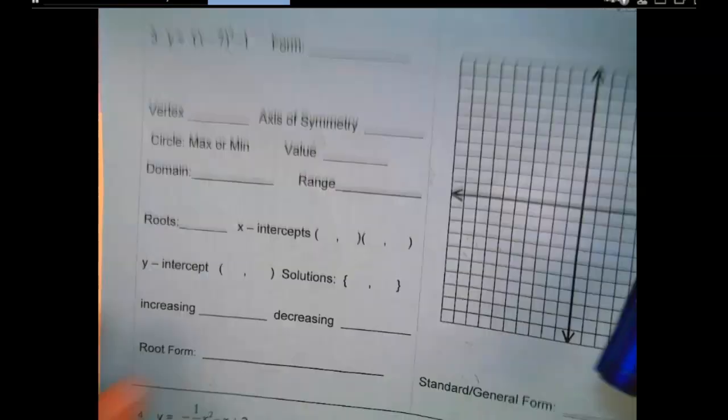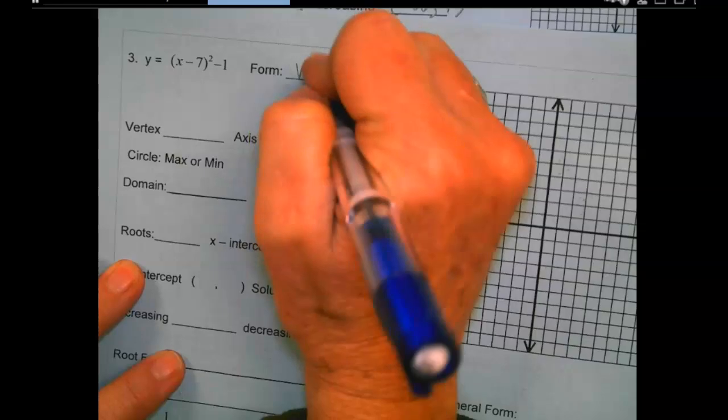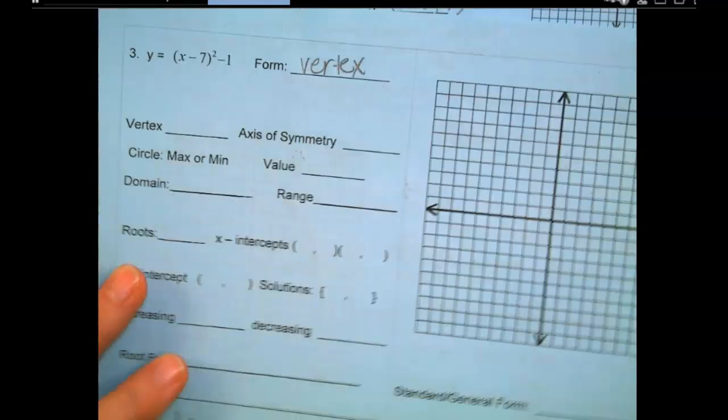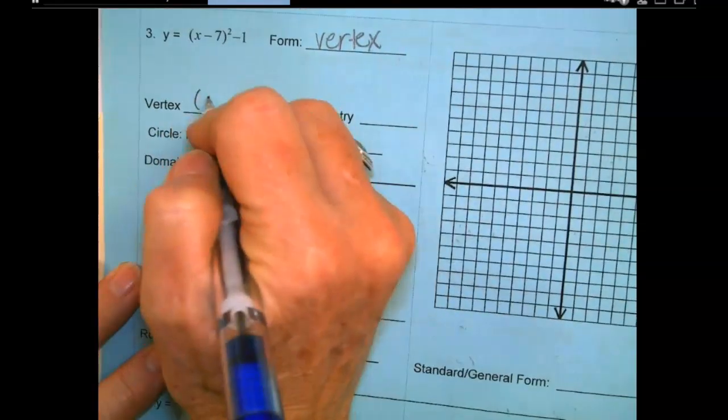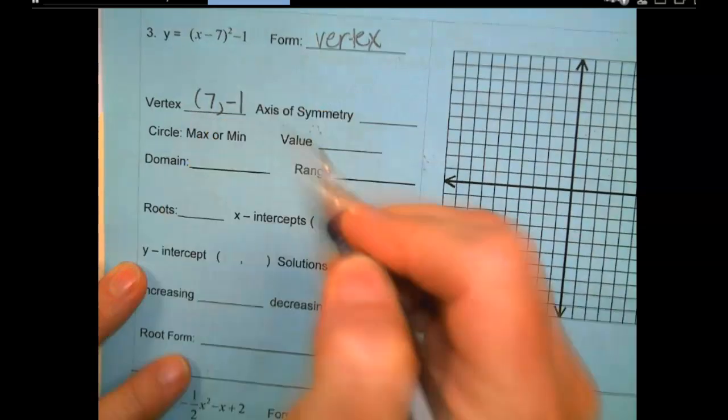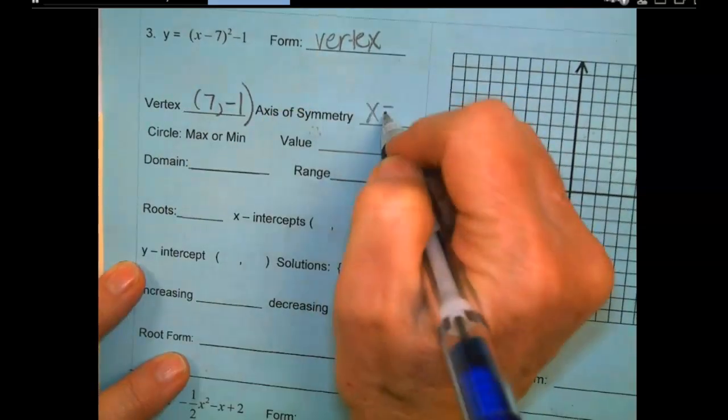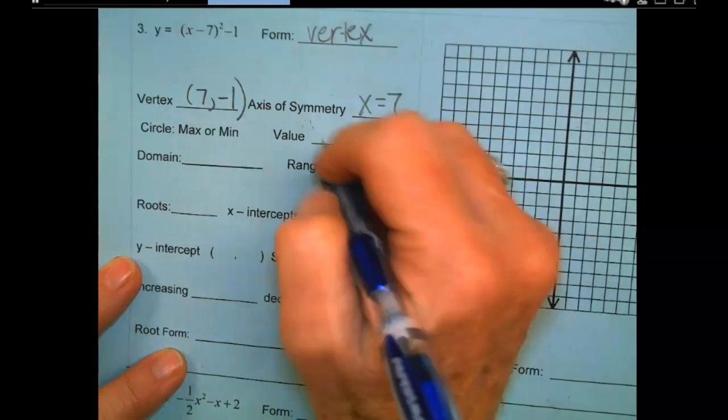Okay, start the next one. Oh, what form is this? Vertex. Vertex, so my vertex is 7, negative 1. That makes my axis of symmetry 7.